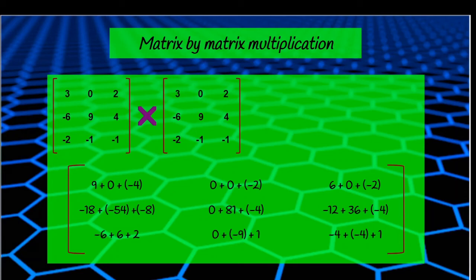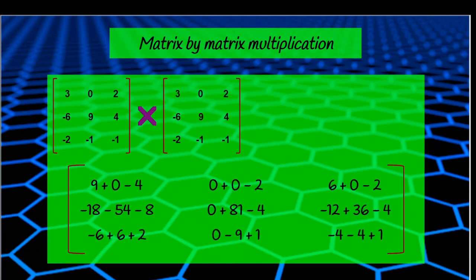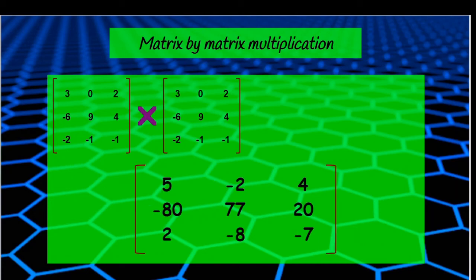The next step is to open brackets, and if you have trouble determining the final sign after opening brackets or adding or subtracting negative numbers, then I'll recommend you watch this video. After opening brackets, we perform the addition and subtraction to obtain our final values for our resulting matrix as this. And as we can see, it is a 3 by 3 matrix as we determined initially.